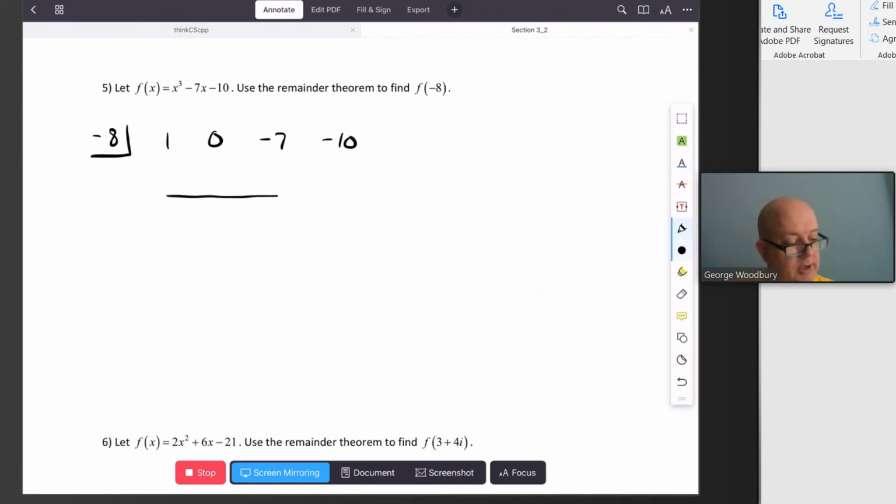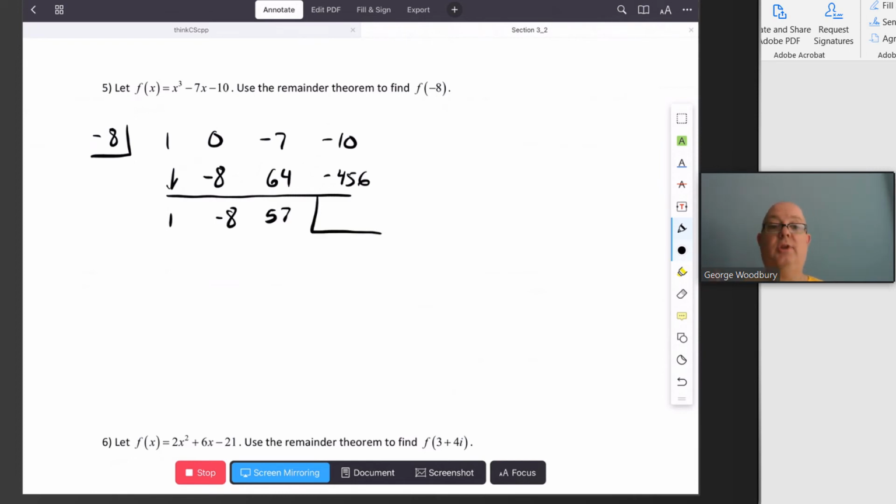Right. Bring down the 1. Negative 8 times 1 is negative 8. 0 plus negative 8 is negative 8. Negative 8 times negative 8 is positive 64. Total that column. Negative 7 plus 64 is 57. Negative 8 times 57 is negative 456.